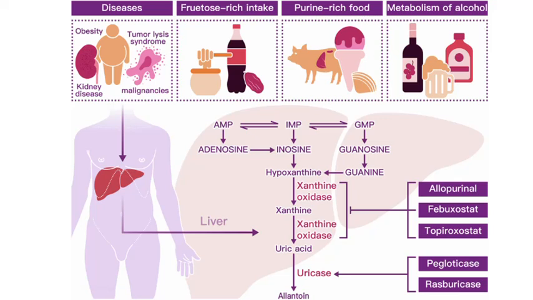Outside of gout or uric acid kidney stones, allopurinol can still be indicated for conditions where hyperuricemia might cause complications, like tumor lysis syndrome. It can also be used if there are signs of urate crystal deposition in tissues, even without full-blown gout. Sometimes it's used to prevent uric acid buildup in patients undergoing certain cancer treatments or in conditions like Lesch-Nyhan syndrome, where purine metabolism is disrupted.